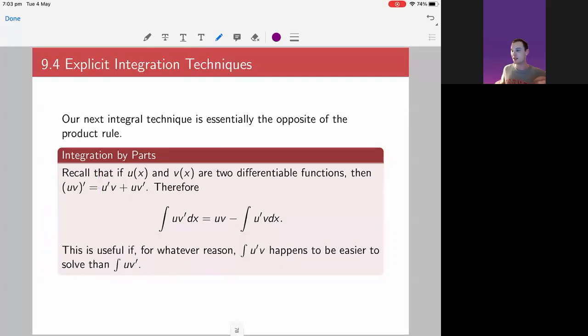So really what this means is if for whatever reason you happen to have an integral that looks like this, and it so happens that if you put the derivative that was originally on v on u instead, this is actually a manageable integral, then you might want to consider doing integration by parts. Most of the classic examples of the utility of integration by parts arise when you're dealing with products of polynomials with log functions, products of polynomials with trigonometric functions.